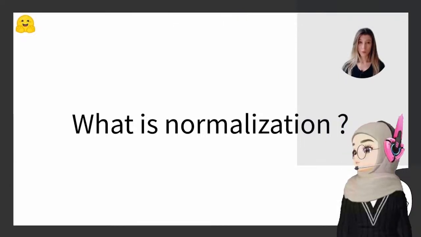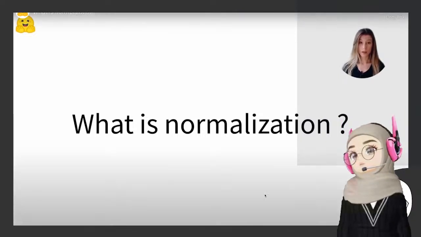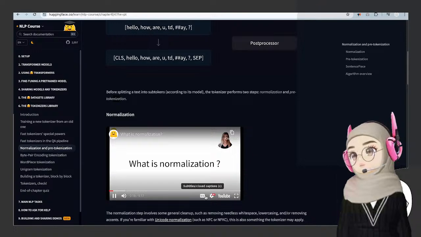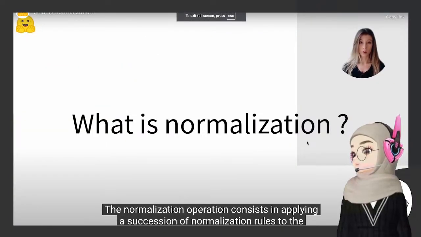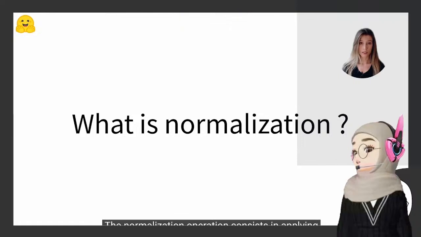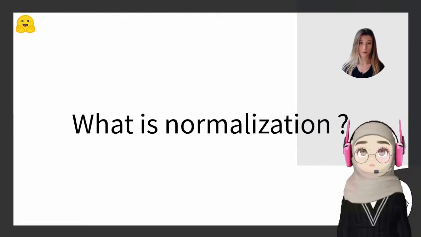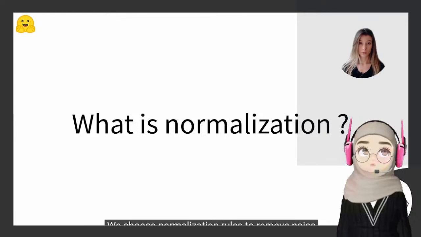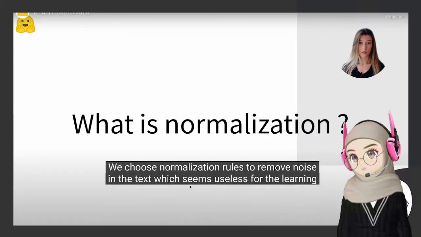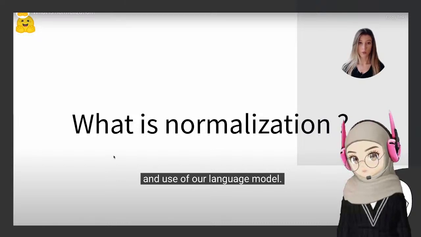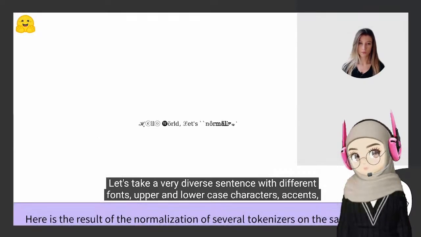In this video, we will see together what is the normalizer component that we find at the beginning of each tokenizer. The normalization operation consists in applying a succession of normalization rules to the raw text. We choose normalization rules to remove noise in the text, which is useless for the learning and the use of our language model.